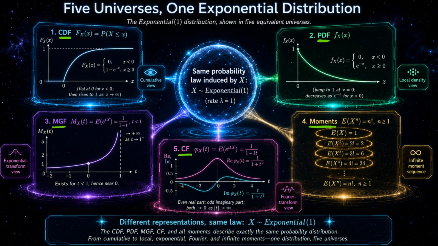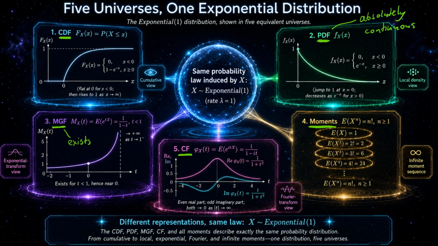Provided the MGF exists, and provided that we're dealing with an absolutely continuous random variable or a discrete one, so that the PDF exists and can be derived from the CDF. Now this means that if we are trying to prove something about a random variable or a sum of random variables, we could do it in any of these 5 universes.